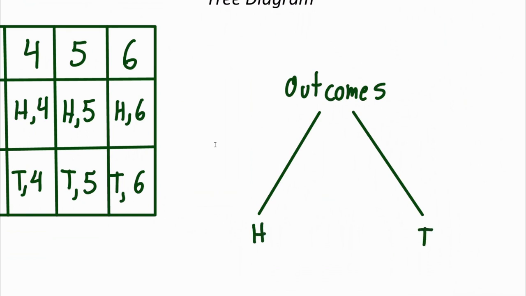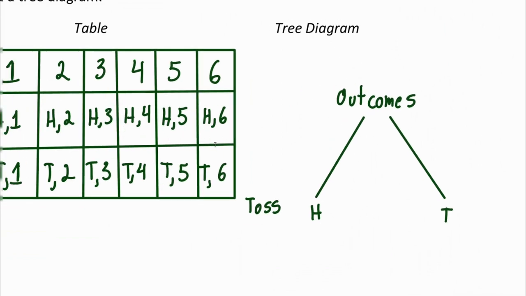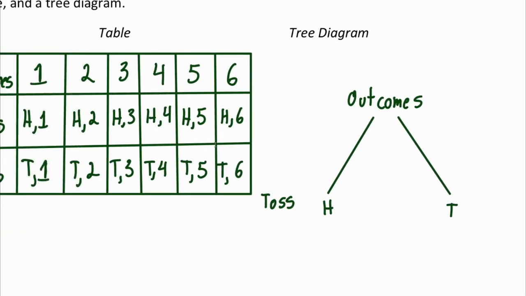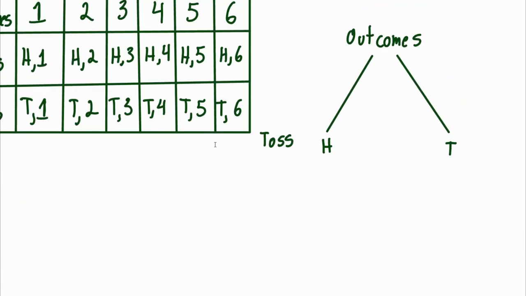Because what we're doing first is we are tossing a coin. So this is representing that toss. Heads or tails. And then from that heads or tails, we have 6 more options, right? I can toss and I can get a 1, I can get a 2, I can get a 3, I can get a 4, I can get a 5, and I can get a 6.